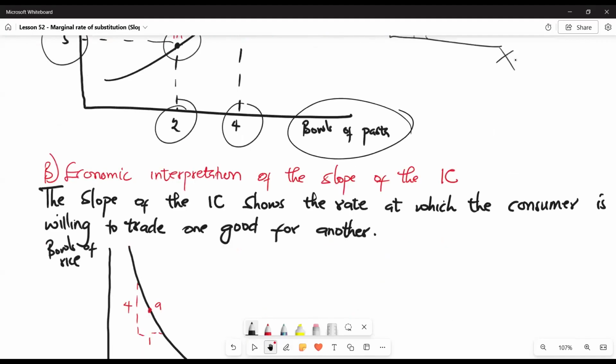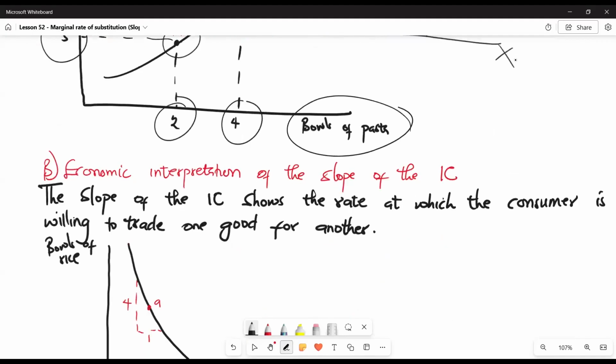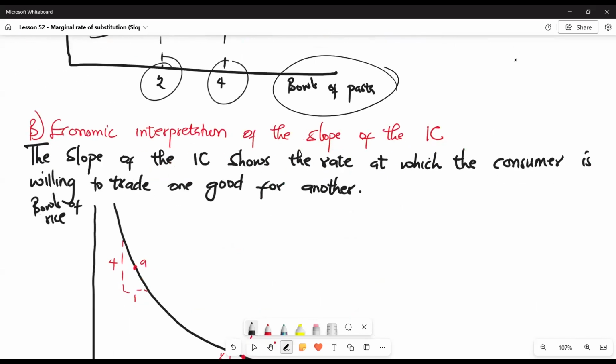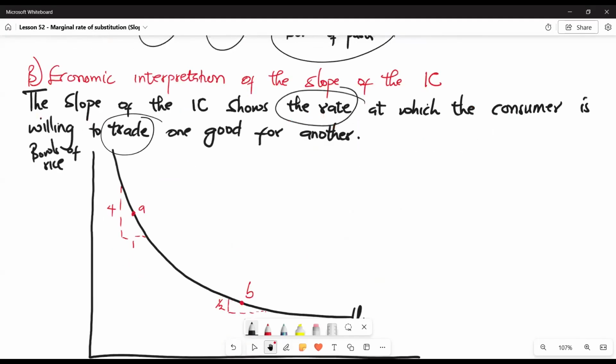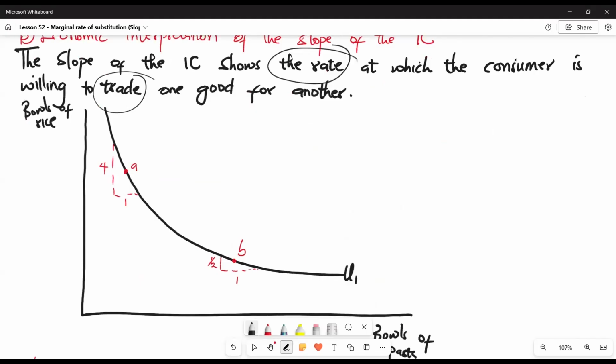Now let's look at the economic interpretation of the slope of the indifference curve. The slope of the indifference curve shows the rate at which the consumer is willing to trade one good for another. Remember, on an indifference curve, if you are moving from one point to another point on the same indifference curve and you lose some of a good, then you have to get more of the other good.